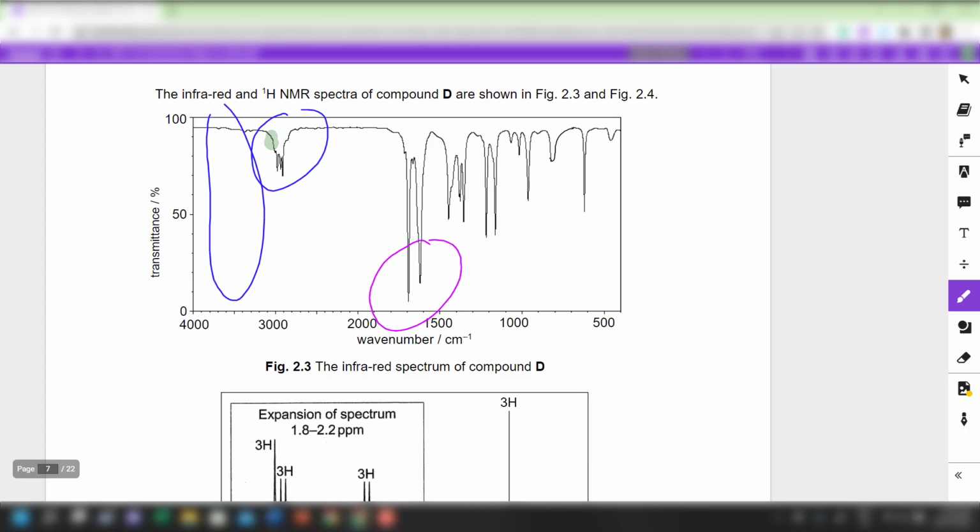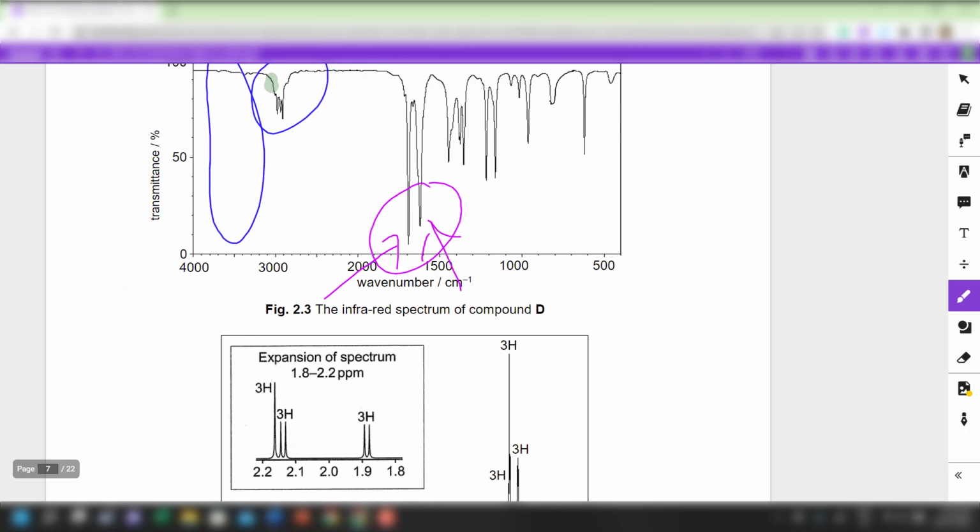If you look at 1700, it's likely to be a C=O stretch, and if you look at 1600, it's likely to be a C=C stretch. These are all strong and sharp, and these have to be included in your answer.